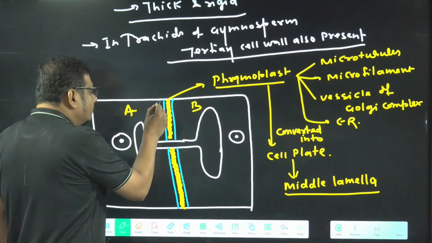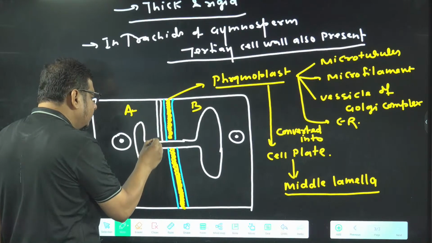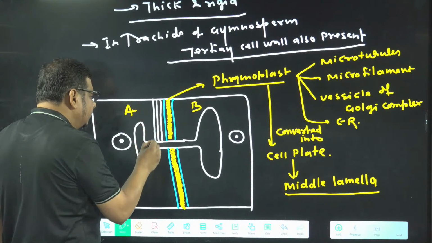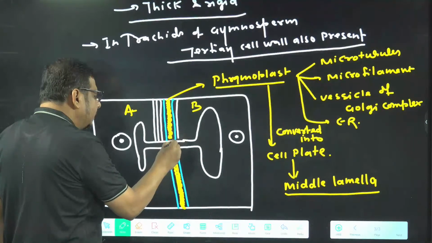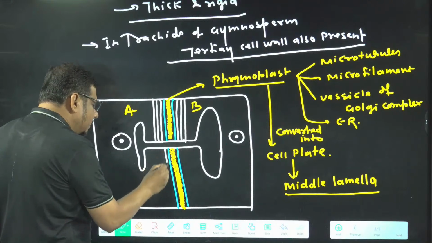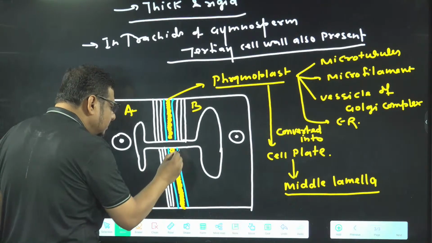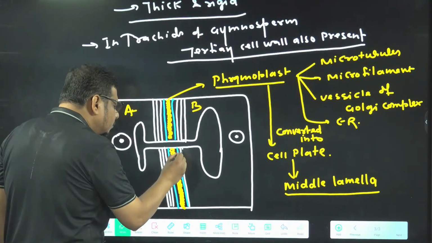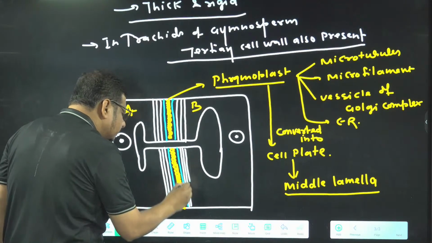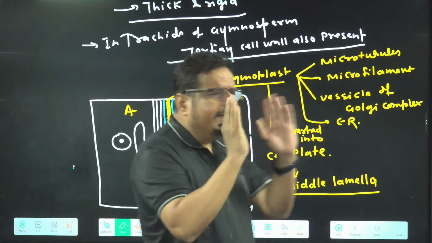After the primary cell wall, three layers of secondary cell wall will form. One layer, two layer, three layer. This side also, and here also, one layer, two layer, three layers. So secondary cell wall is a three-layered structure.